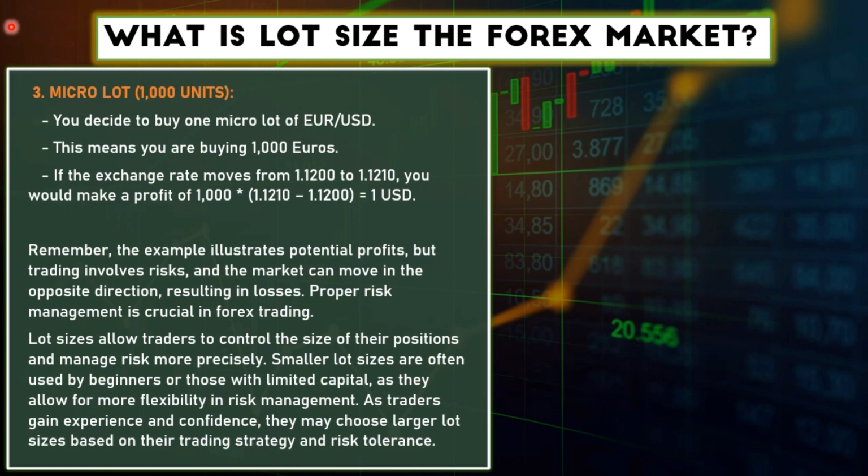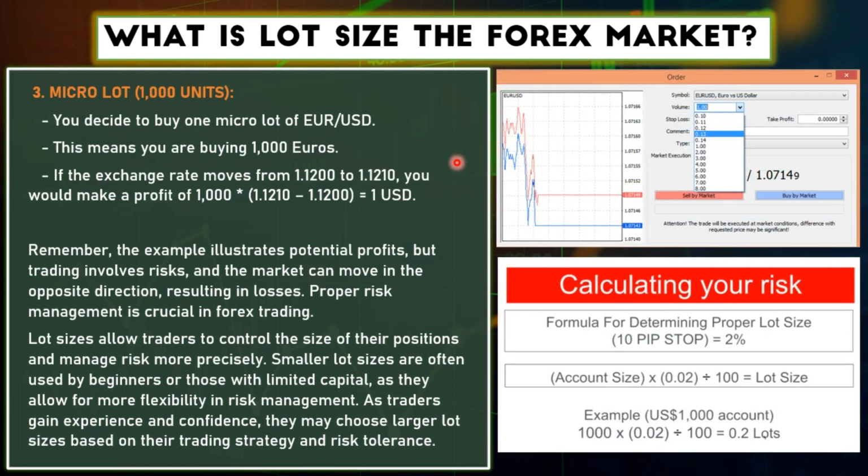So coming to the calculation of risk, the formula for calculating lot sizes is the account size multiplied by the risk percentage, divided by the pips, which gives you the lot size.